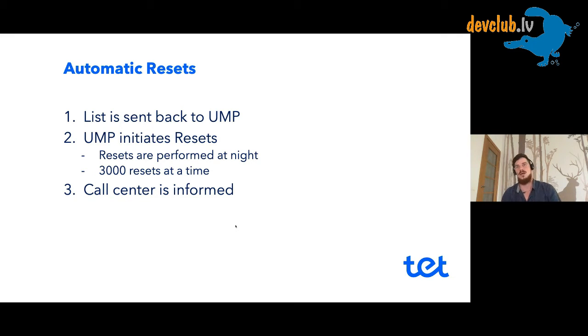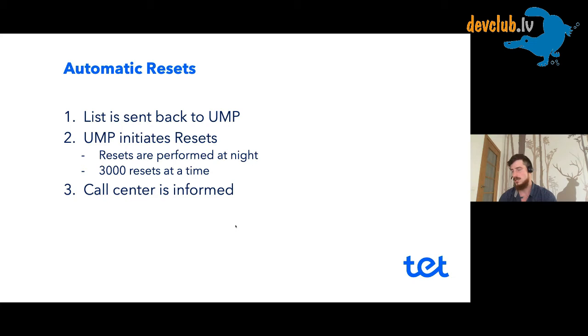All right, so when the system identifies from that constantly incoming data that there is some problem, the algorithm creates the list of devices that should be reset. This list is sent back to UMP, and then UMP initiates resets.